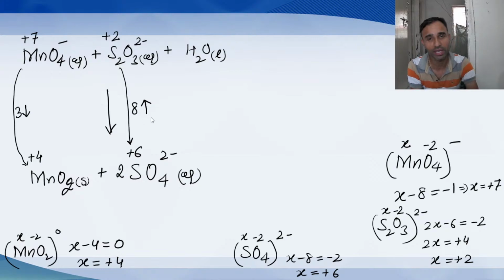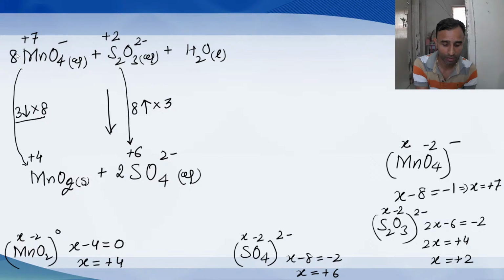Oxidation number increased by 8 and oxidation number decreased by 3. So we have to equalize them. Increase in oxidation number should be equal to decrease in oxidation number. So the manganese species should be multiplied by 8 and the sulfur species multiplied by 3. So the total increase becomes equal to the total decrease.